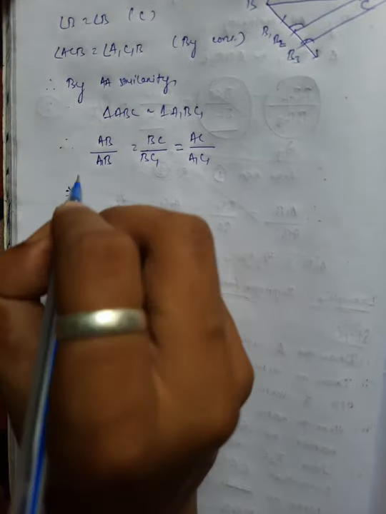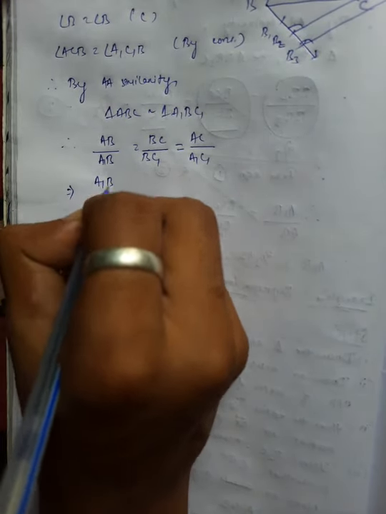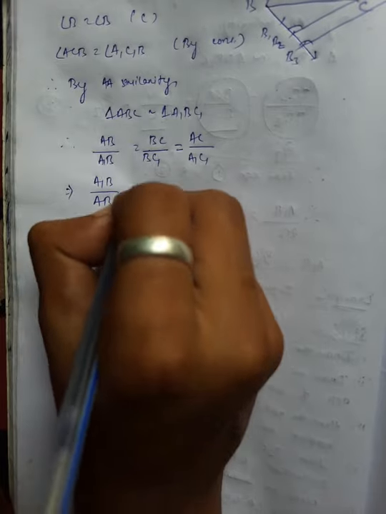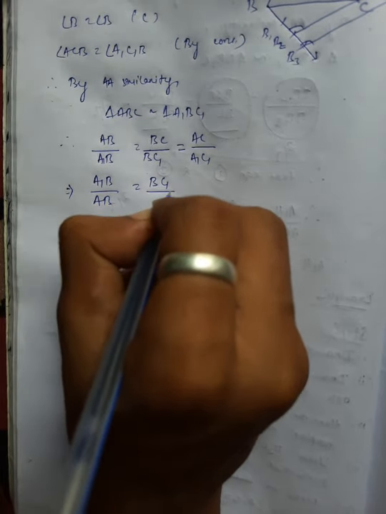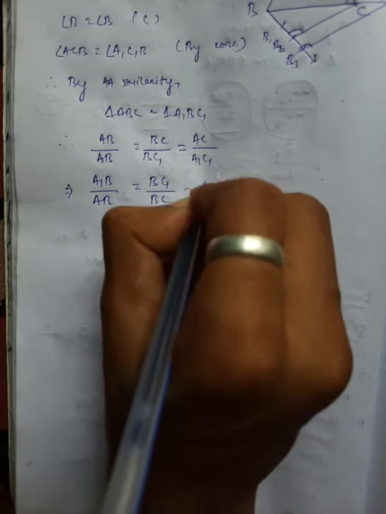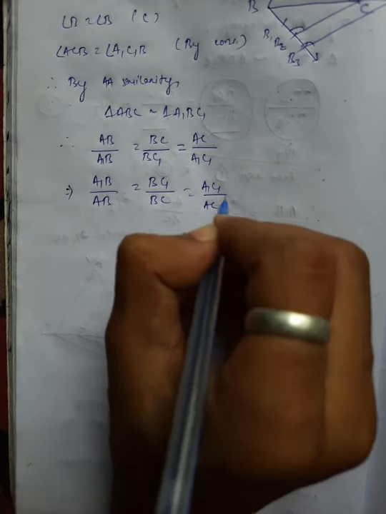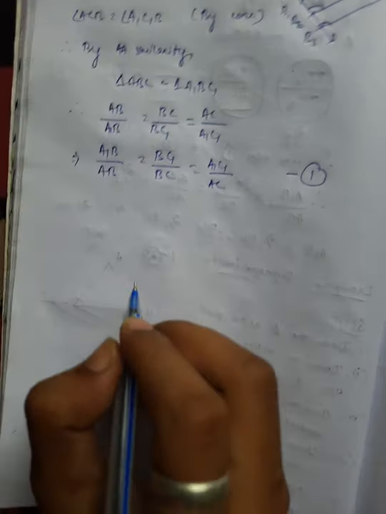Or if we interchange it, A1B by AB equals BC1 by BC equals A1C1 by AC. So this is equation 1.